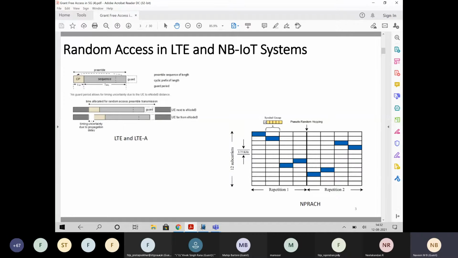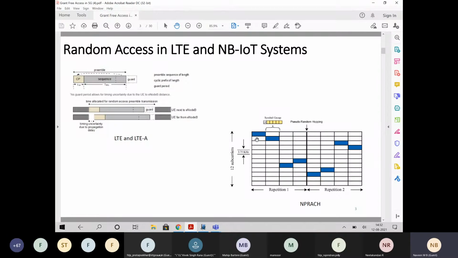Now coming to NB-IoT, which is very similar to LTE, the only change is that it also supports 3.75 kilohertz subcarrier spacing. There, the way random access happens is slightly different. Instead of each user picking only a sequence, here each user picks a sequence as well as a starting subcarrier. Unlike LTE, which is an OFDM-based system where the sequences occupy multiple subcarriers, in NB-IoT the random access sequence always occupies a single subcarrier.